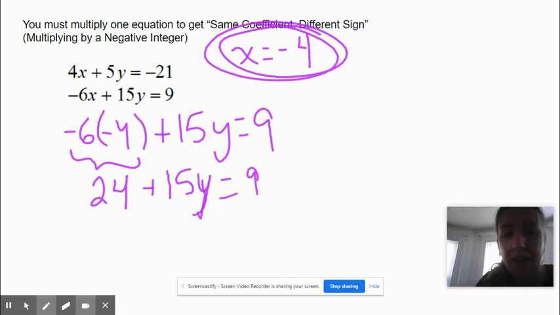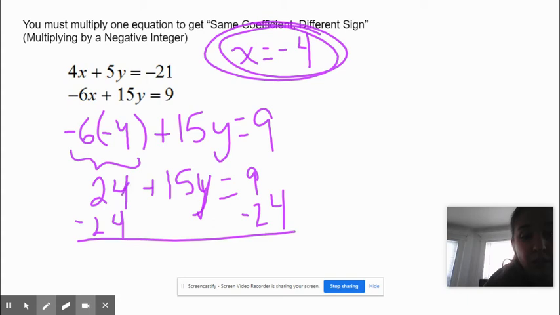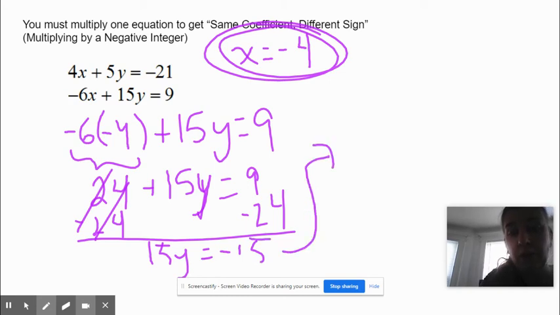Before I can get the variable y alone, I have to get the variable term alone, meaning this 24 has to go. So these cancel. I got 15y equals -15. Just going to rewrite it up here, right? 15y equals -15.